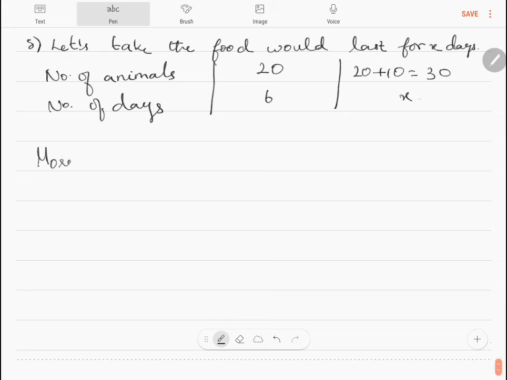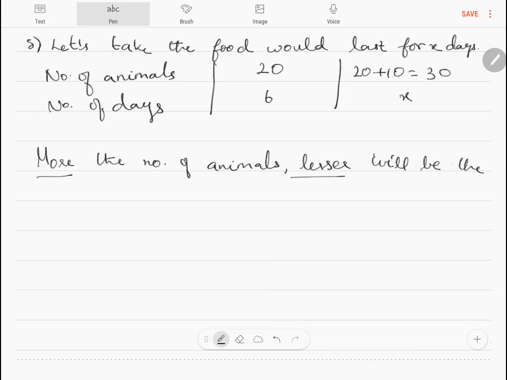Here, the more the number of animals, the lesser will be the number of days for which the food will last.